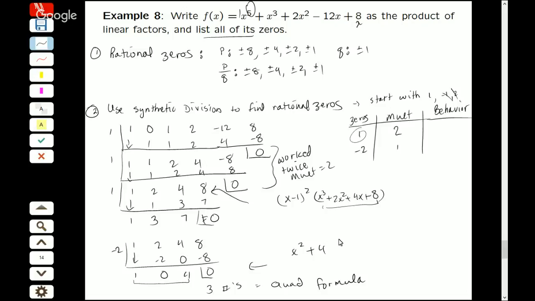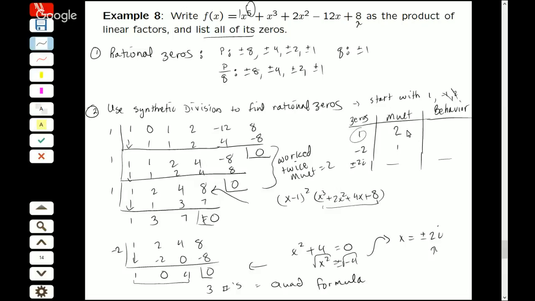I can do the quadratic formula, or not. I'm going to not do the quadratic formula. If you set that equal to 0, you have x squared equals negative 4. What is x equal to? Plus or minus 2i, because you take the square root of a negative 4. These are imaginary numbers, so there are my other zeros, plus or minus 2i. We don't do the behavior multiplicity for that.